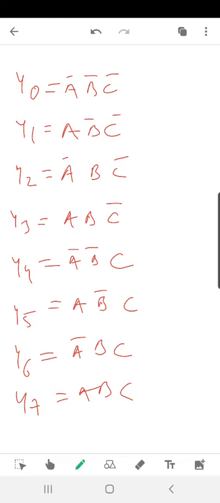First of all, when we say that we have a 3:8 decoder, it means we can implement any boolean function with 3 inputs using this 3:8 decoder, because we know that for 3 inputs the number of total combinations we get is 8. So for any 3 variable function, we can use 3:8 decoder.